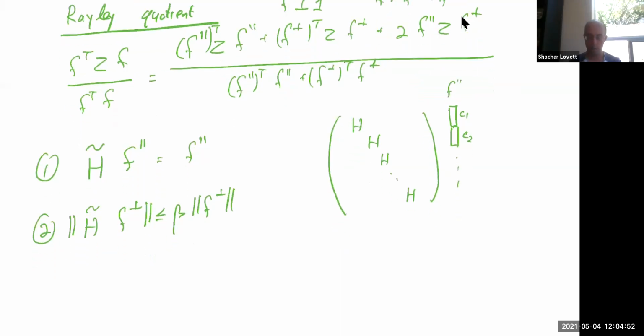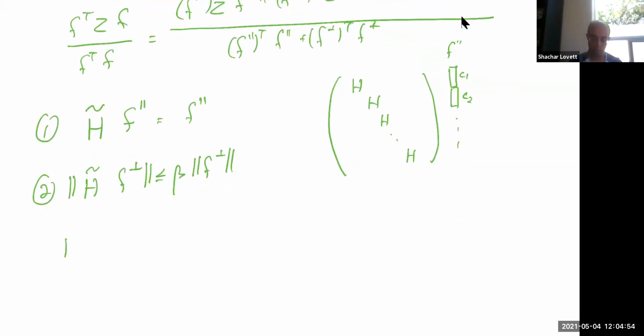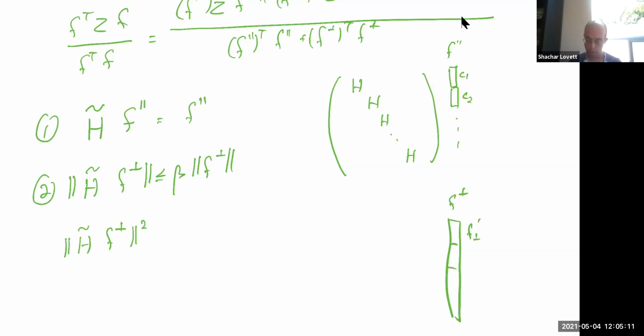So let's see why. Let's compute the norm of H tilde F perpendicular squared. Let's give this a name. Let's say now F perpendicular is going to be these blocks. The first block I'm going to call F perpendicular 1, and the second block F perpendicular 2, and so on. So what is this going to be?